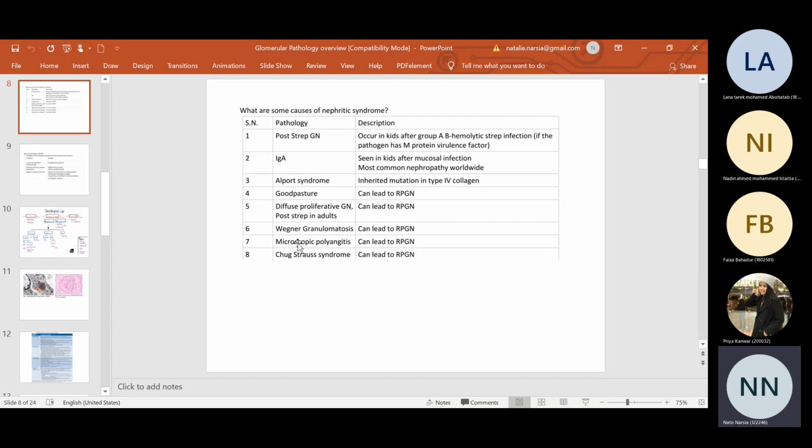And microscopic polyangiitis and Churg-Strauss are also important to differentiate because both of them are positive for P-ANCA, right? P-ANCA, perinuclear anti-neutrophilic antibody. C-ANCA and P-ANCA, I will just repeat it again here for others, that P-ANCA is perinuclear and C-ANCA is cytoplasmic, and ANCA is anti-neutrophilic cytoplasmic antibody.